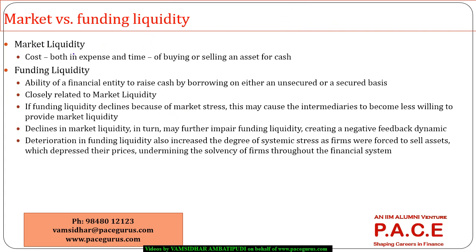So when I talk about market liquidity, I am focusing on the cost, both in terms of expense as well as time. Basically, how much time I am taking to sell my asset for cash. If I'm able to sell my asset immediately for cash, at the price at which I wanted to sell, it means the liquidity in the market is high.